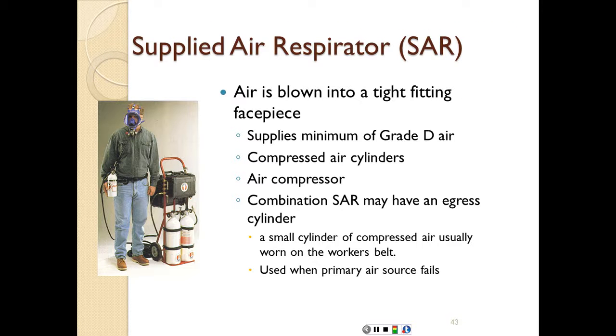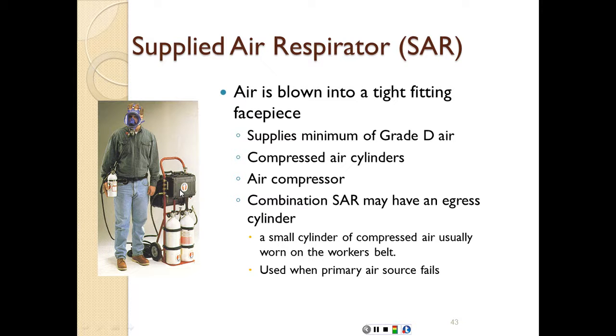The third type is a supplied air respirator. In this case, it's not enough to purify the air, so we're going to supply clean air for respiration. Air is blown into a tight-fitting facepiece, supplying a minimum of grade D air from compressed air cylinders or an air compressor.